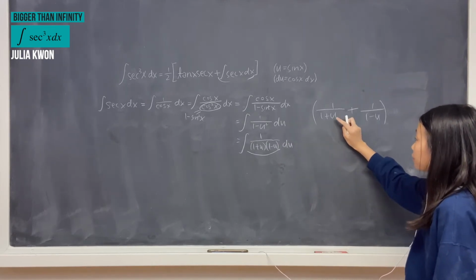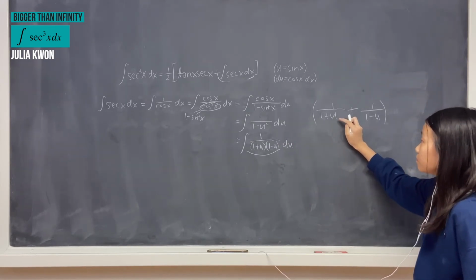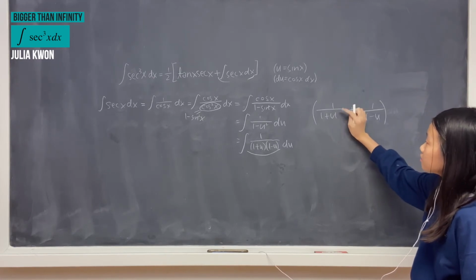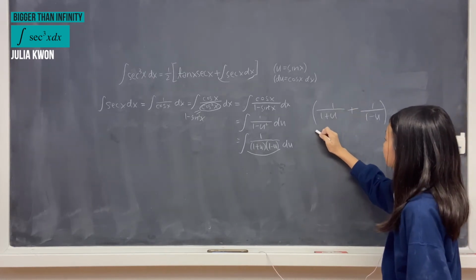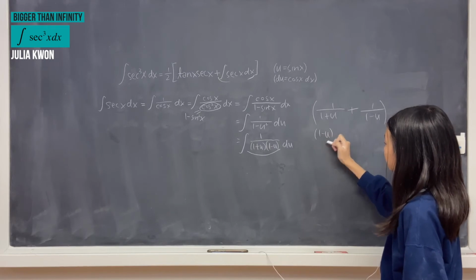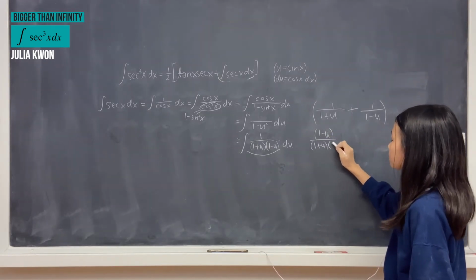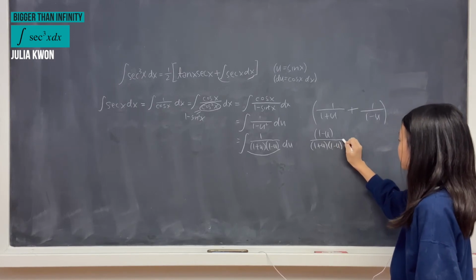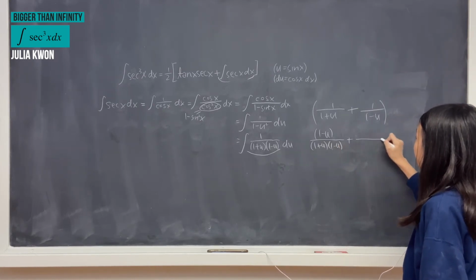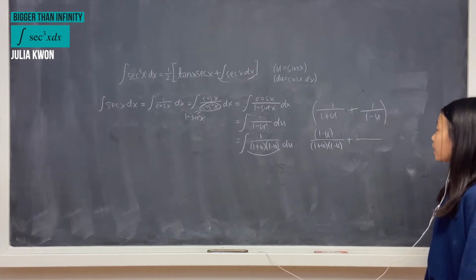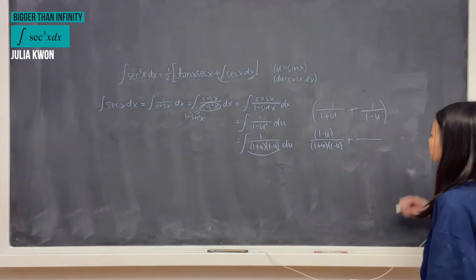So if we multiply 1 minus u on top and bottom for this fraction, then we would get 1 minus u over 1 plus u times 1 minus u. And then for this fraction, we would have to multiply 1 plus u on top and bottom.